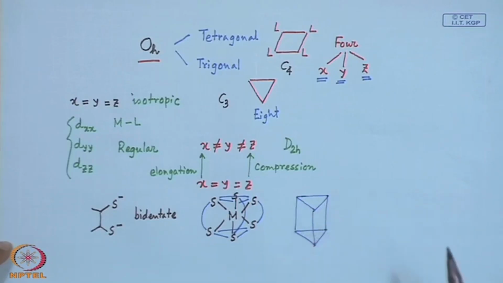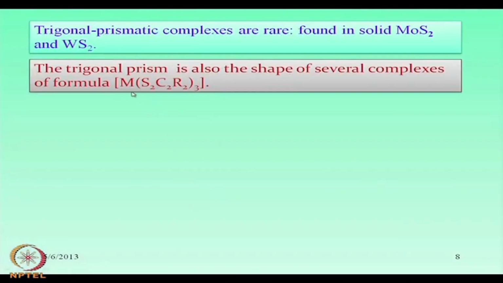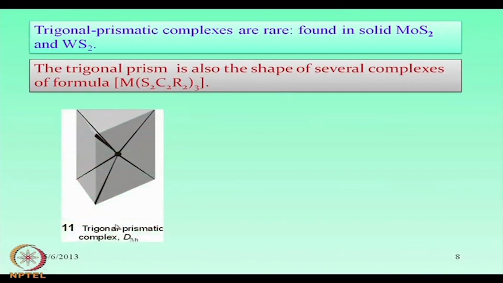This is the trigonal prismatic structure, and we have the metal inside, which is completely different from the octahedral geometry. So when we have an MS2C2R2 molecule, it will be in the trigonal prismatic geometry, and the symmetry for that would be D3h.